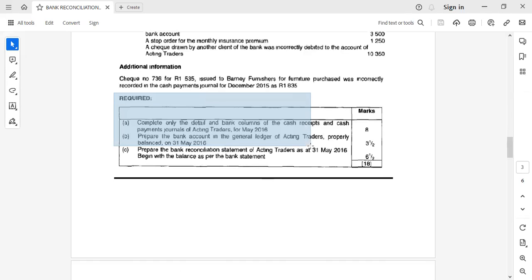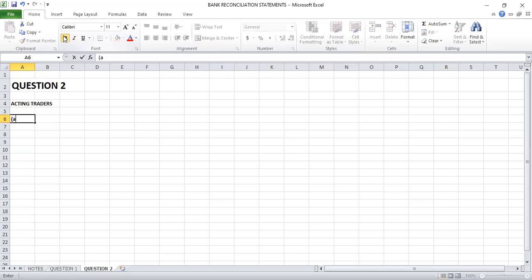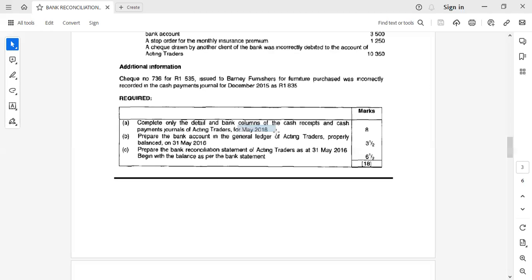The required was supposed to, number A, complete only the detail and bank columns of the cash receipts and cash payments journal of acting traders. So number A is the cash receipts and cash payments journal. Receipts journal. Normally, we also refer to the period for which we are preparing. This is for May 2016.